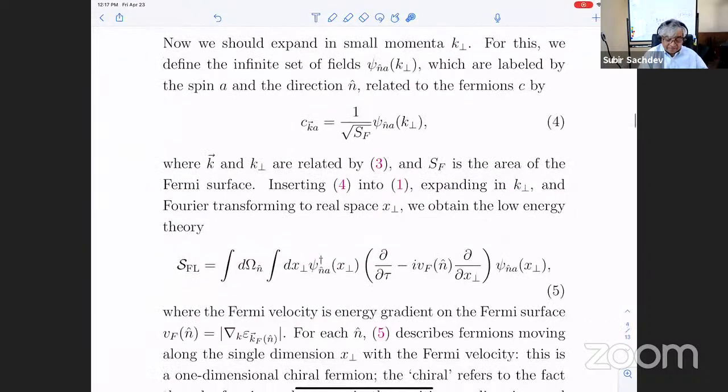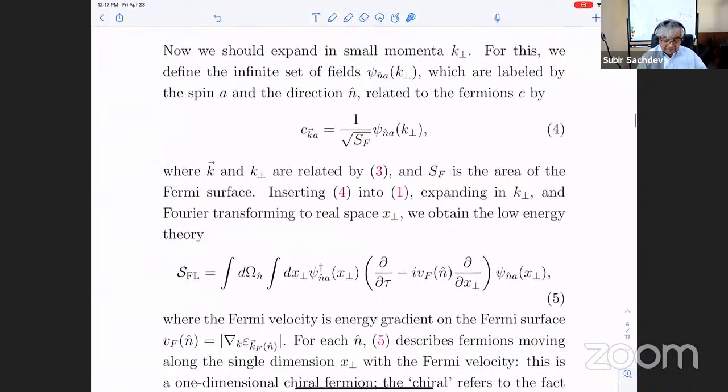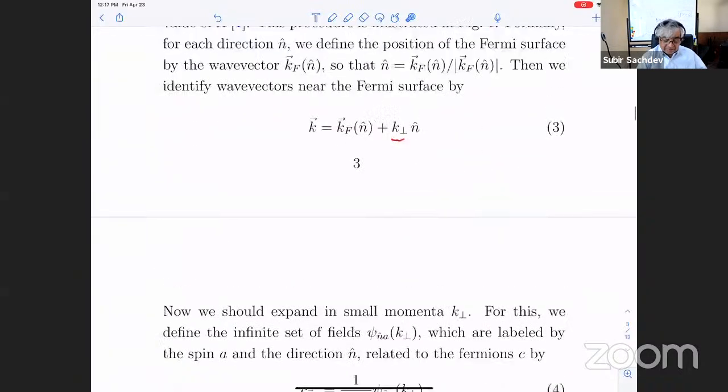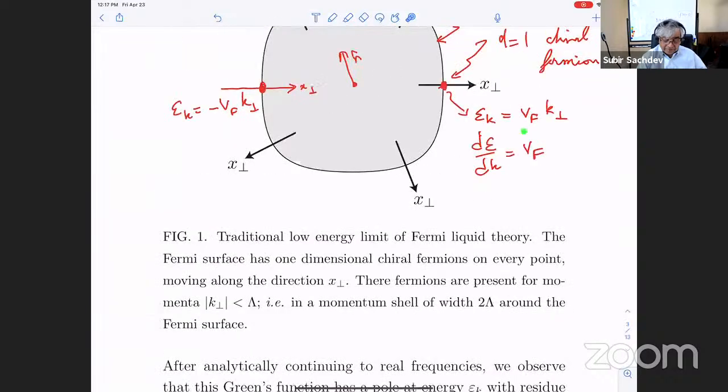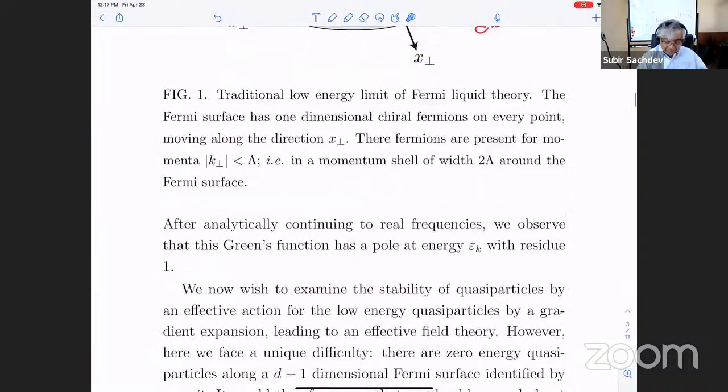So I rewrite it this way. And then I just expand the energy dispersion, and the energy dispersion will be just this vF k perp. And then when I go to real space, that becomes d by dx perp.